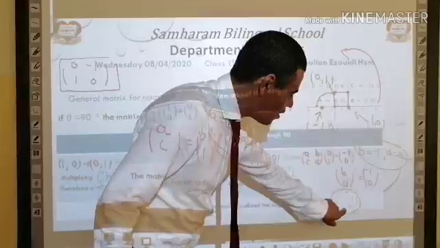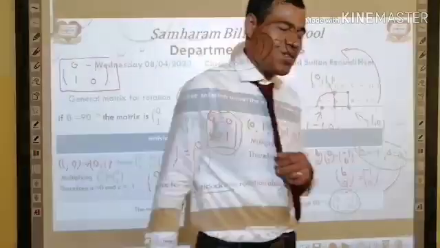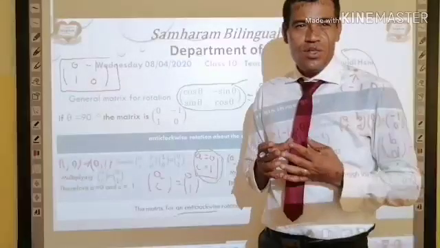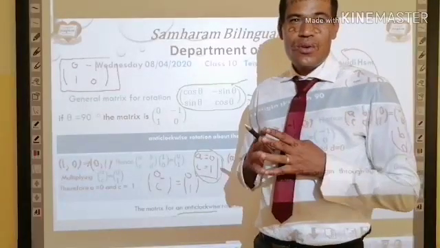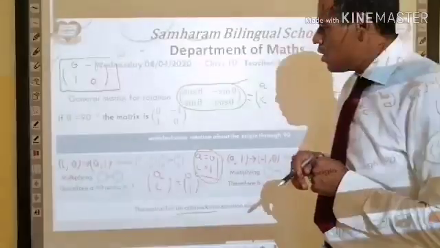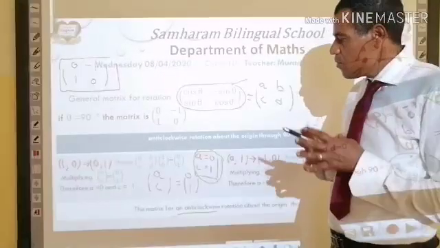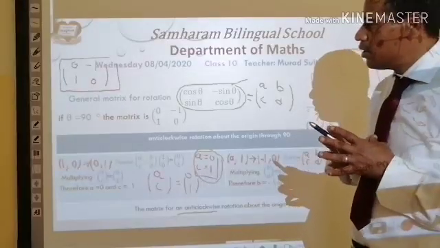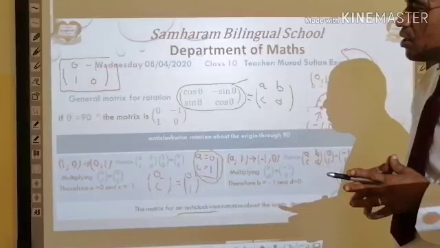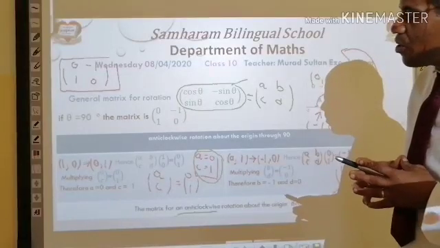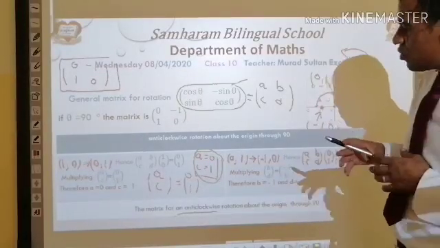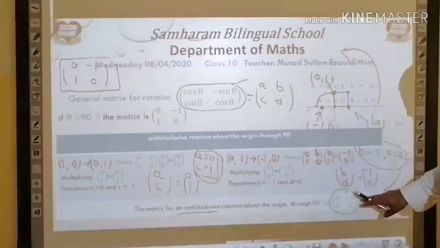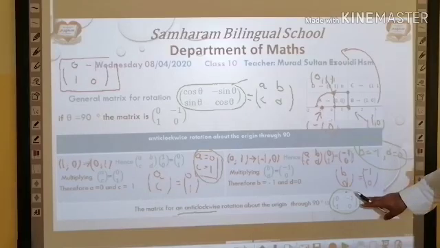In general, my kids, if you'd like to find the image of any point through a rotation about the origin 0, 0 through 90 degrees anti-clockwise, we should use this matrix for transformation and multiply by the coordinates given of this point. You will find the image.